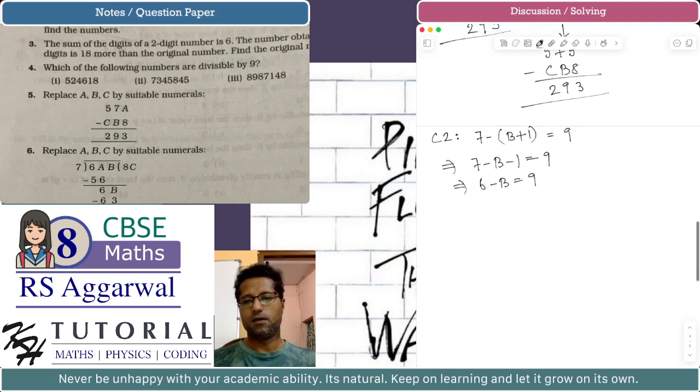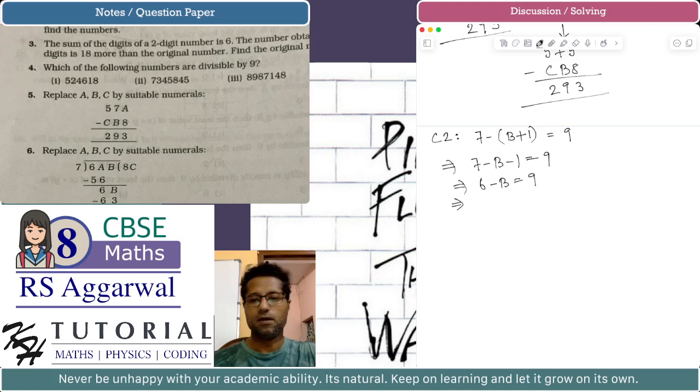Now again this will imply that if the units digit of 6 minus B is 9, then definitely B has to be greater than 6. B cannot be less than 6. If B is less than 6, then definitely the units digit of the subtraction 6 minus B has to be less than or equal to 6. But the result is 9.